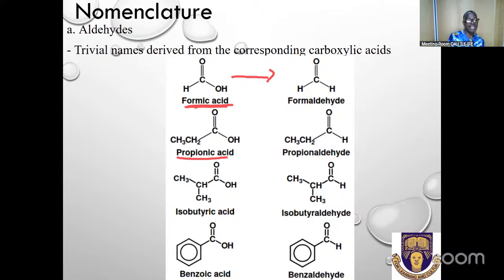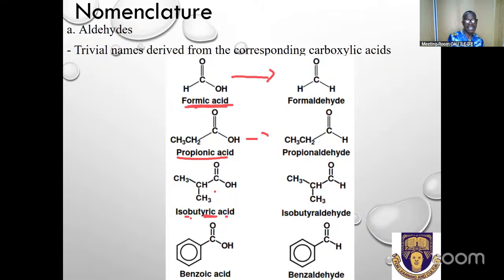Now look at this one also. We have three carbons. The acid is propionic acid or propanoic acid. Now the corresponding aldehyde will be propionaldehyde. Also, we have this one, and so on and so forth.